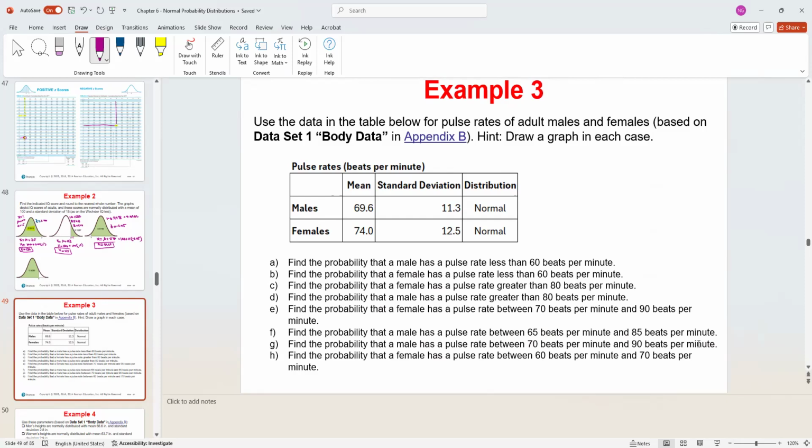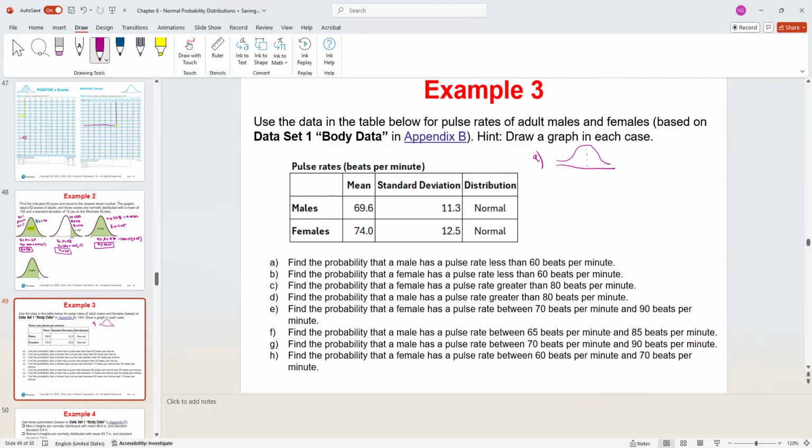I'm going to do probably one or two. Look at the probability: in A, they ask to find the probability that a male has a pulse less than 60.